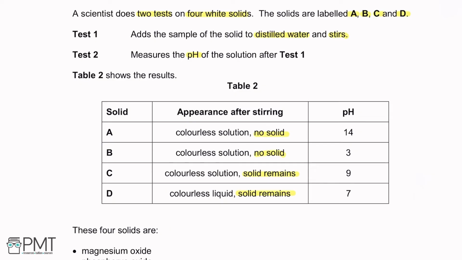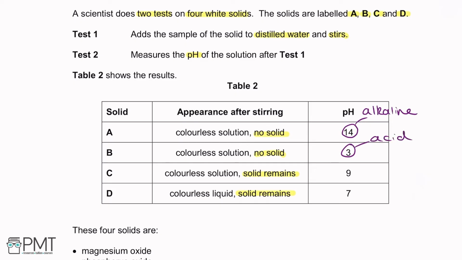Notice as well the pH values. So solid A has a pH of 14, which is an alkaline pH. Okay, so we're thinking that solid A is going to be a base. Solid B has a pH of 3, which is an acidic pH.